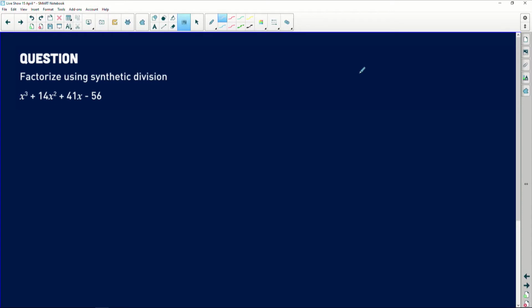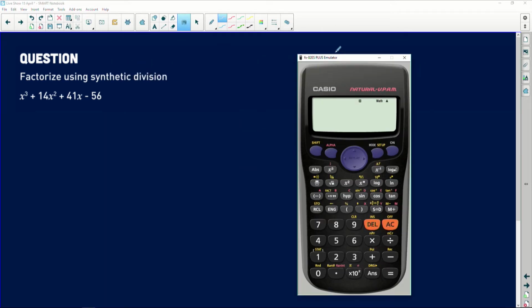So my polynomial reads, it says factorize using synthetic division, x cubed plus 14x squared plus 41x minus 56. Okay, so I'm going to get my calculator out and put that polynomial in. Okay, so using the table mode, we have x cubed plus 14x squared plus 41x minus 56.